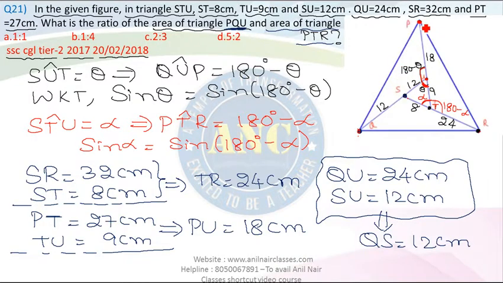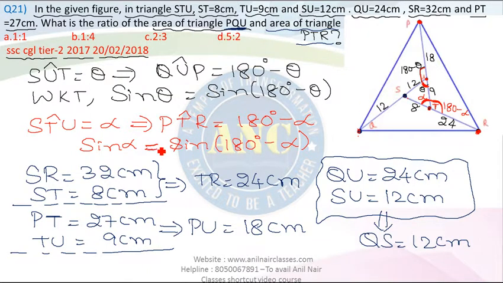Check it out if you want. PTR. What is the angle which I have here? 180 minus alpha. Yes, because I have 180 minus alpha, in area I will write it as sine of 180 minus alpha. But if I want to cancel that particular term, because I don't know the value of alpha, I require this alpha also, because sine of 180 minus alpha in the numerator, denominator is sine alpha.